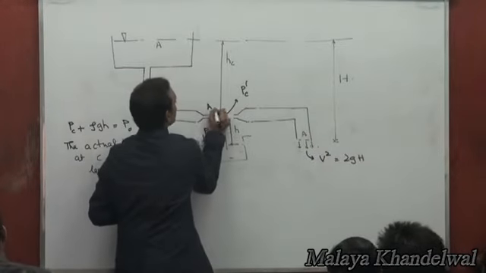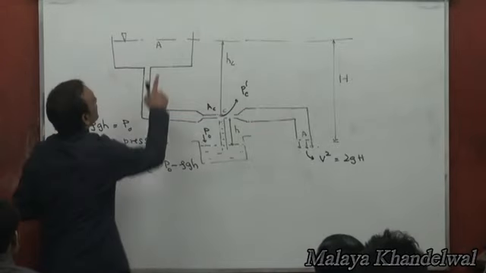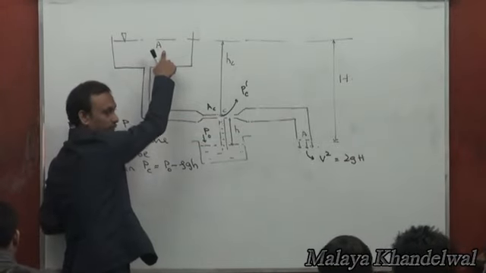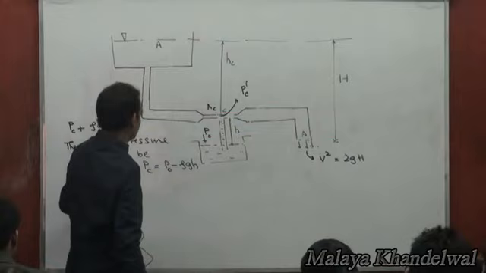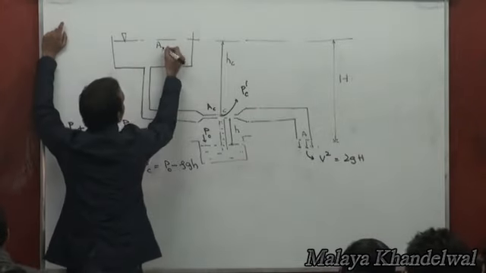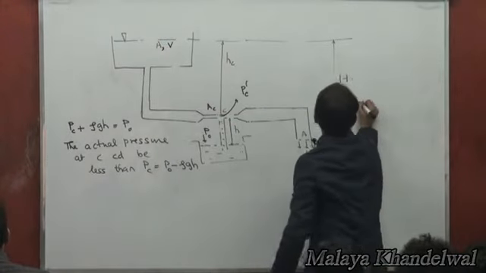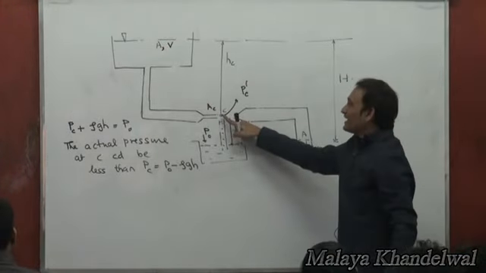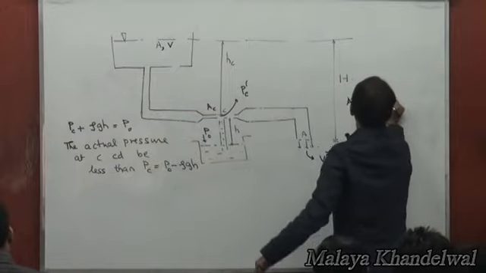If AC is the area of cross section here, and A is the area of cross section there, then very clearly A into V, the volume flow rate at the topmost level, must be equal to AC into VC.